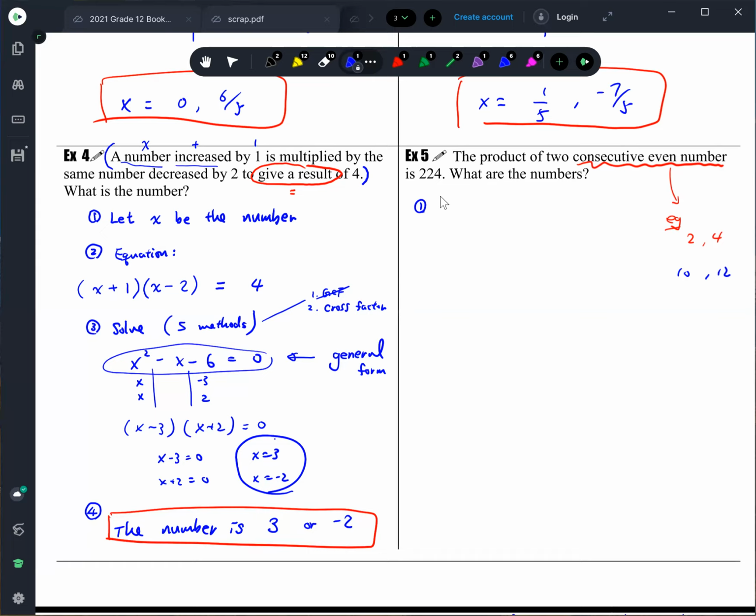Okay. So we have 2 numbers to find. So your last statement, you should have 2 of them. So you can say we let the x to be the first number. Then how do we represent the second number, Kat?